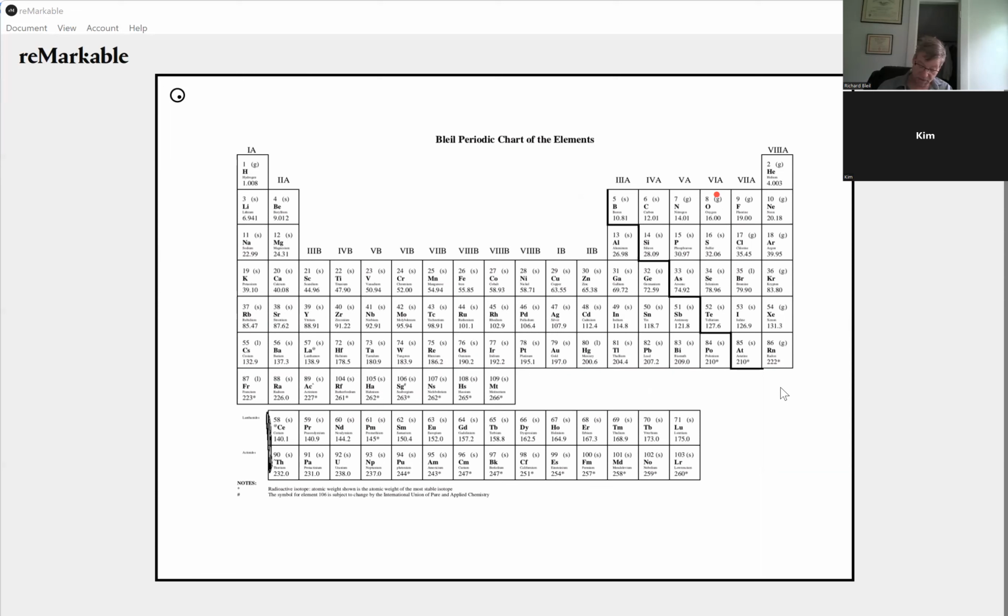So oxygen is here. Let's do the Lewis dot structure for oxygen. All we have to know is the number of electrons in the valence shell. So just count them up. 1, 2, 3, 4, 5, 6. There are 6 valence shell electrons in oxygen.